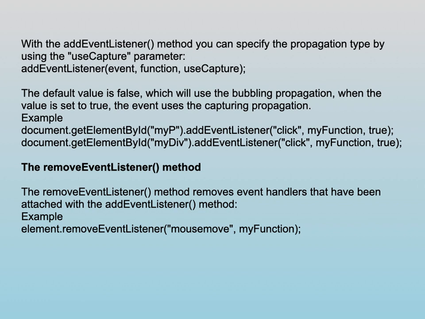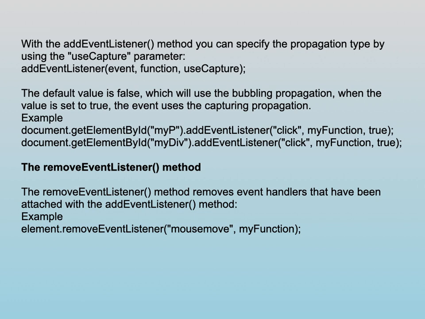So in both cases true is the value, so capturing propagation is the ordering here. The removeEventListener method removes event handlers that have been attached with the addEventListener method. The example is element.removeEventListener mousemove, my function.